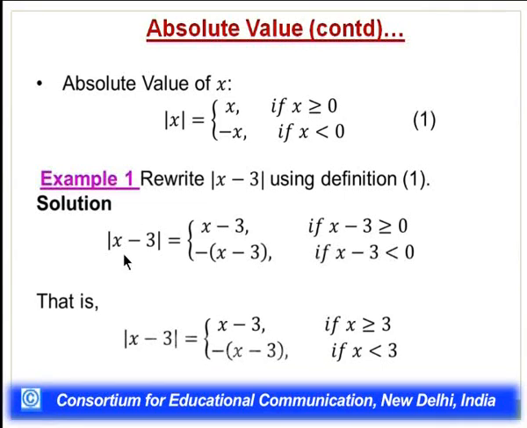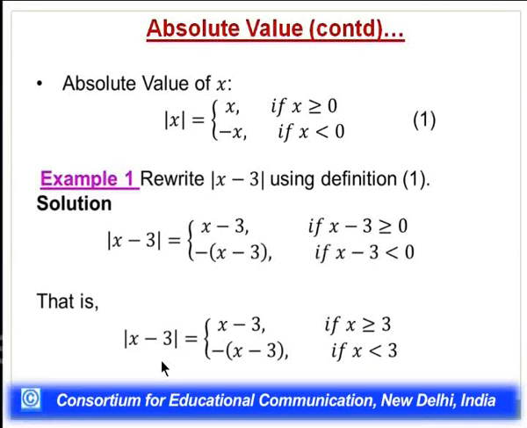So the absolute value of x minus 3 will be given by x minus 3 if x minus 3 is non-negative. So instead of x, I'm just writing x minus 3 everywhere. And the absolute value of x minus 3 is minus of x minus 3 if x minus 3 is negative. Now, on the right side, I can further simplify these inequalities, because x minus 3 greater than or equal to 0 can be written as x is greater than or equal to 3.